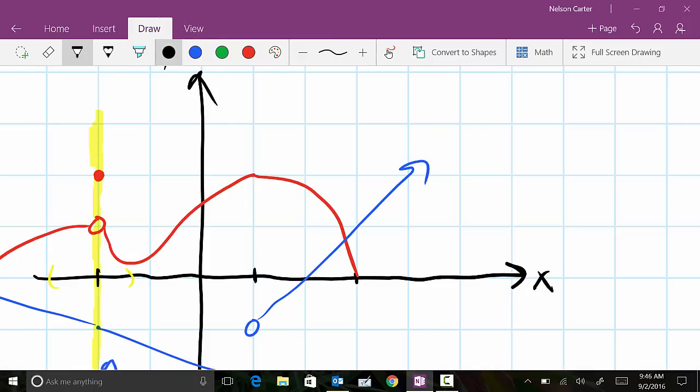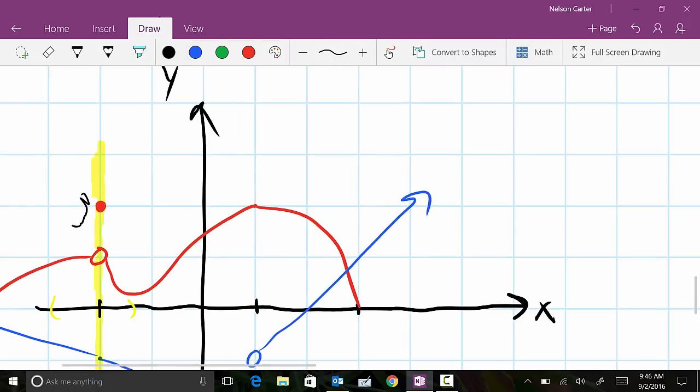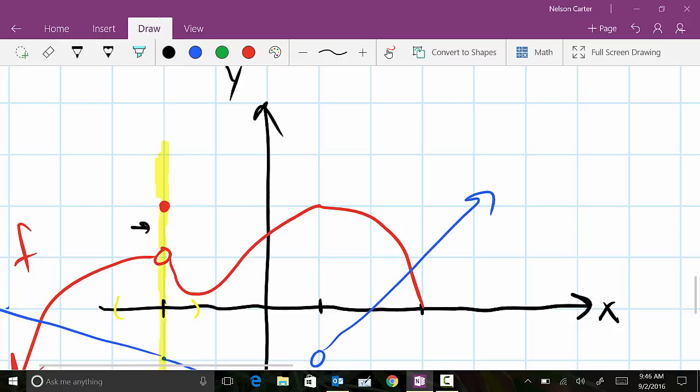As we're getting closer and closer to -2 from the left, what are the y values getting closer and closer to? It looks like the y values are getting closer and closer to 1, to y is equal to 1. How about from the right? If we approach from the right, we're getting closer and closer to 1 again.